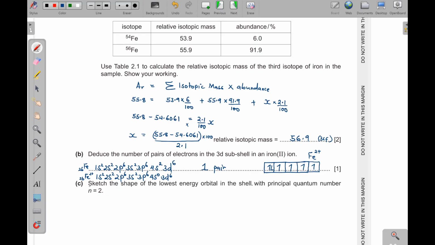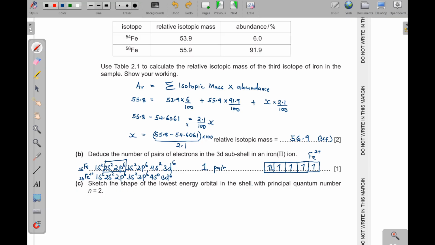Part C, sketch the shape of the lowest energy orbital in the shell with principal quantum number 2. Principal quantum number 2, we are looking at 2s2 and 2p6. Those are the ones which have the number 2. The ones that have 3 are 3s, 3p, and 3d. That is principal quantum number 3.